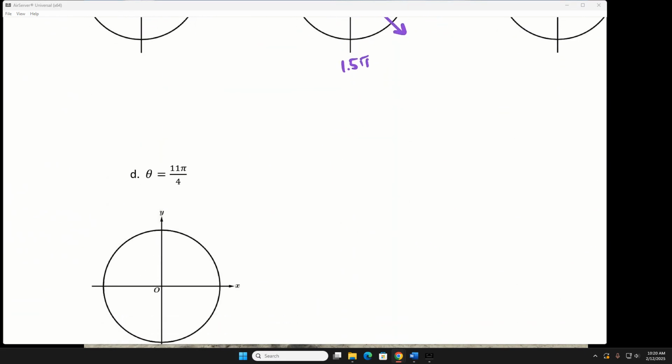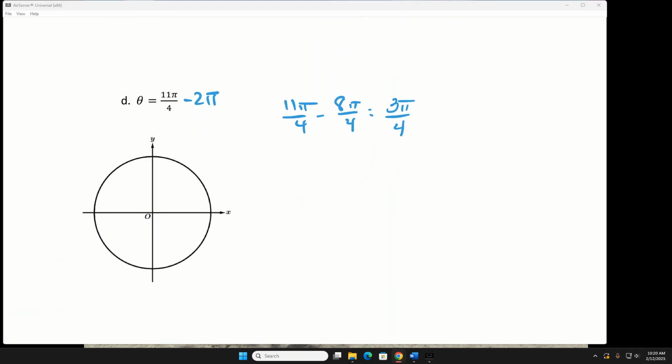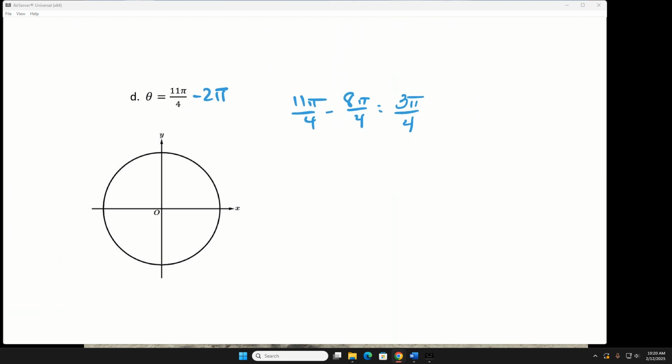Subtract it. Very good. So that's going to give us 3 pi over 4. What quadrant does 3 pi over 4 fall in? Quadrant 2. Halfway, right?